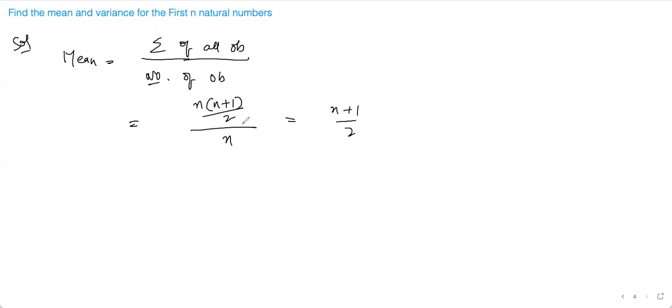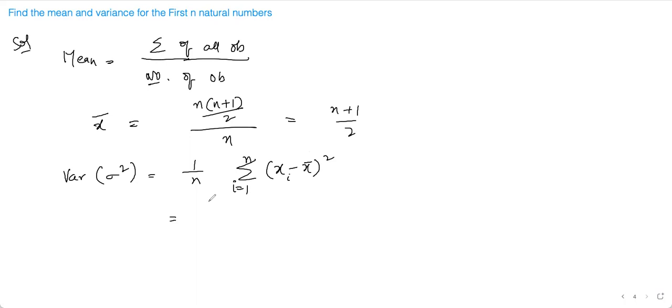And the variance is sigma square, which is 1 by n summation i is equal to 1 to n, xi minus x bar whole square. This is x bar, and this is xi, the general term.